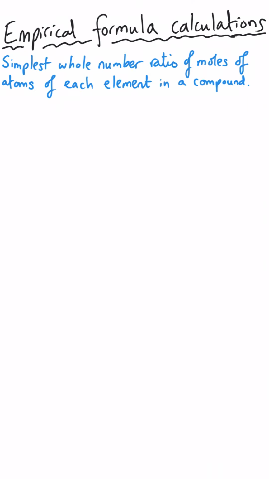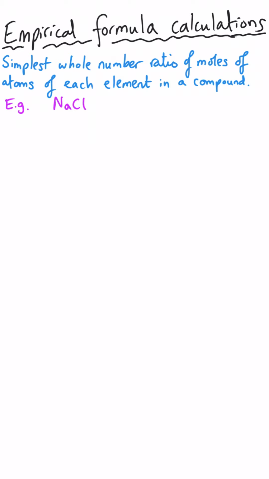Now, you weren't required to know what an empirical formula was for GCSE level. You were just expected to be able to work it out using moles, and we'll look at that in a moment. But the empirical formula for a chemical is the lowest multiple of moles for each of the elements appearing in a compound. So for instance, sodium chloride is NaCl.